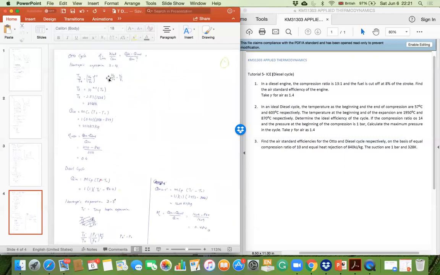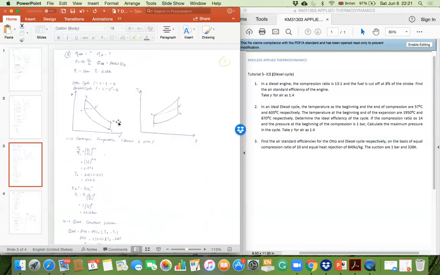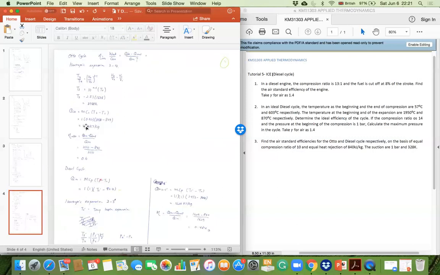Then we calculate the Otto cycle first. The Otto cycle efficiency is Q in minus Q out. Q out is given, but we don't have Q in, so we need to find Q in. We have T2 but we don't have T3, so we need to find T3. Again, this is isentropic expansion.